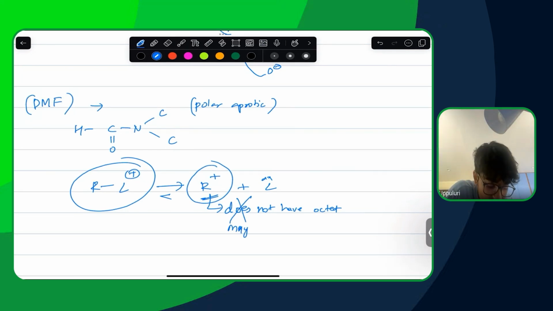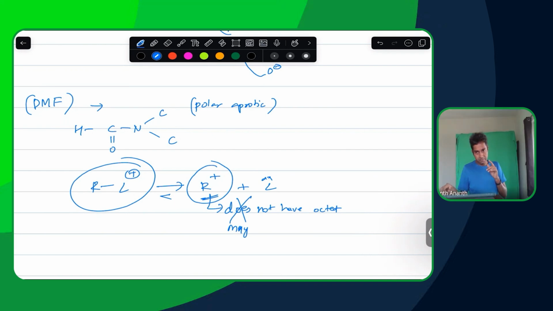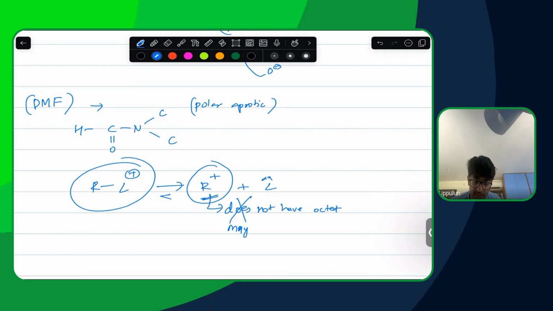Sir, in some cases, if there was a tertiary carbocation, would it still decrease? See, let me put it in a way that will give you the answer you're looking for. You're asking when is a possibility that this might be pushed forward?